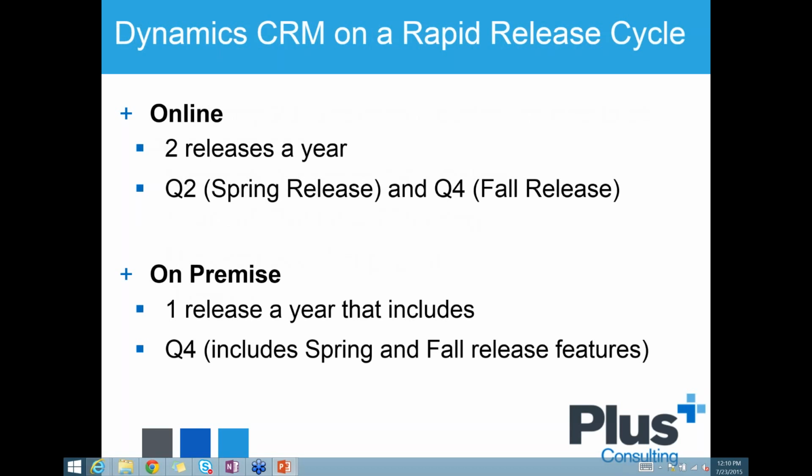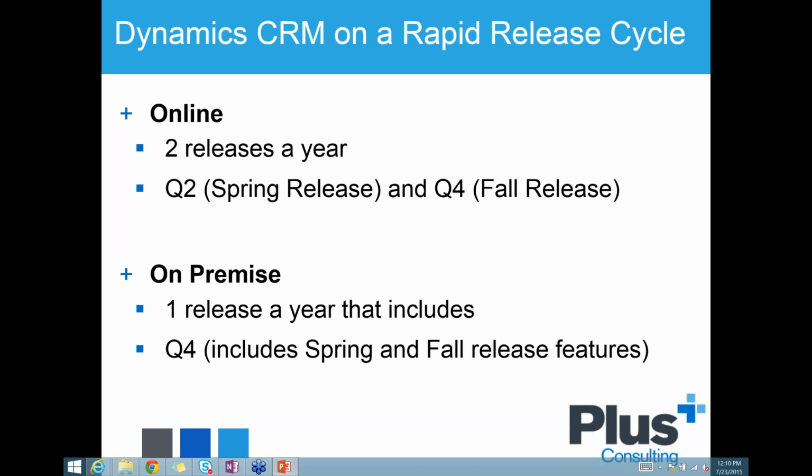So a little bit about what the release cycle is for Dynamics CRM. There are 2 releases a year for online. So that's the key distinction. There's a release for online and a release for on-premise. So if you're online, you can get 2 releases a year.